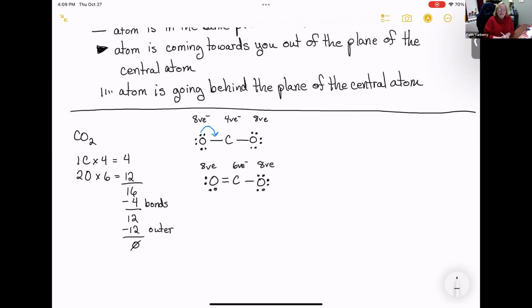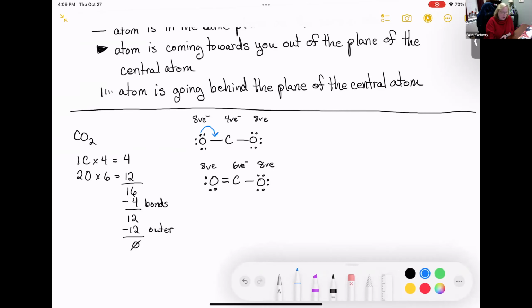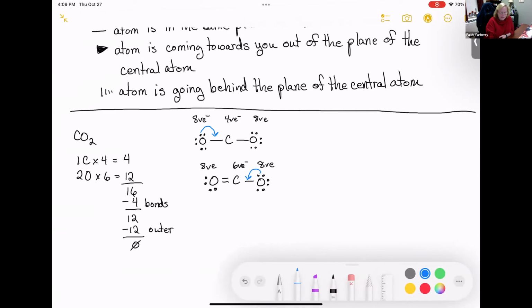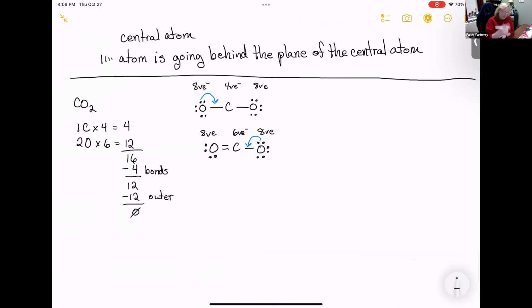Since carbon does not have its octet, we are not done in getting the Lewis structure. That means we're going to need to share another pair of electrons, and because chemistry likes symmetry, I'm going to bring them in from the opposite oxygen. So we wind up with carbon that has 2 double bonds, 2 oxygens.